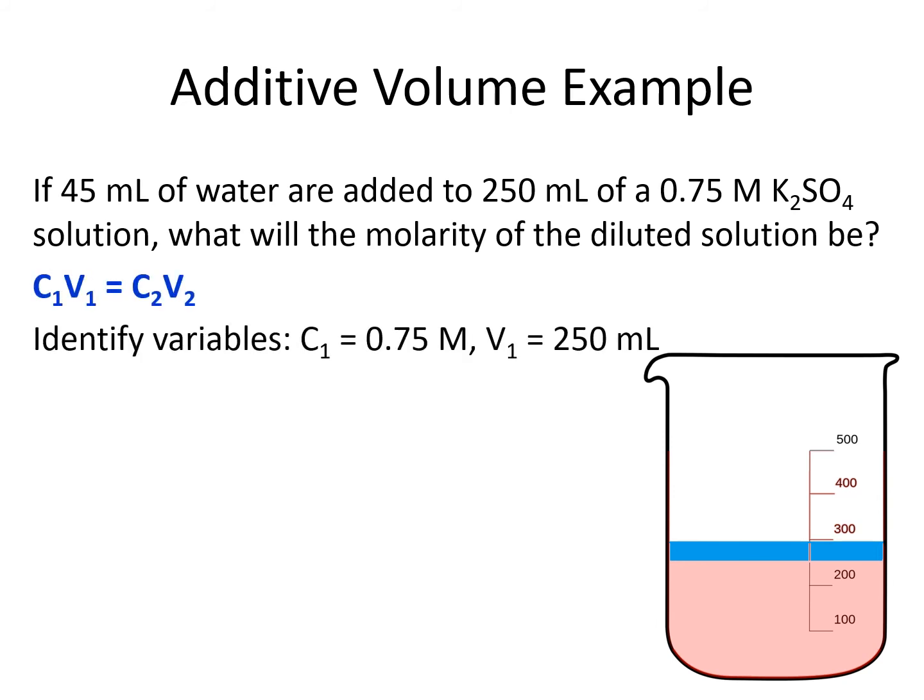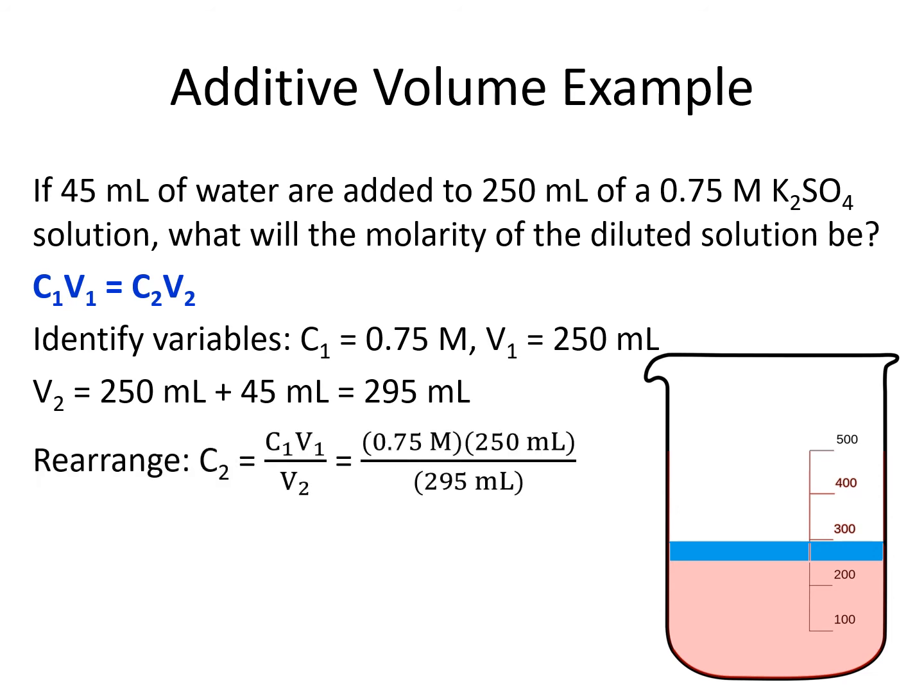Our C1 is 0.75 molar. That's our initial concentration. Our V1 is going to be the 250 milliliters that it started out as. And the V2 is going to be a total of 295 milliliters: the 250 that we started out as, plus the 45 that we added.